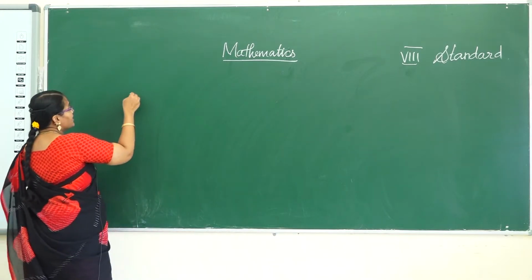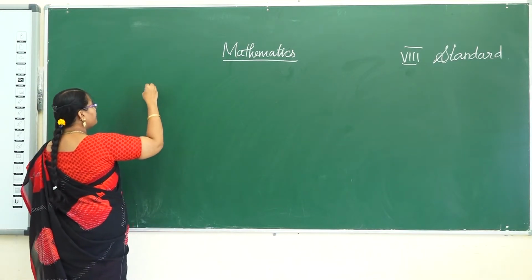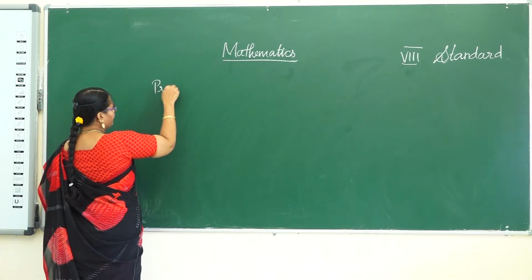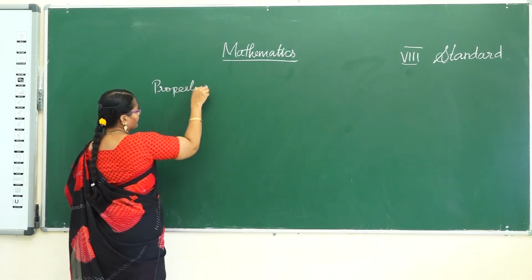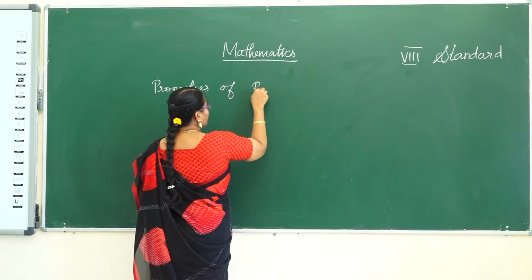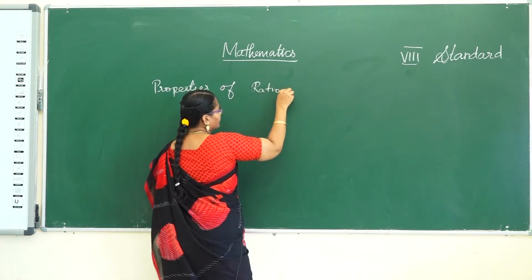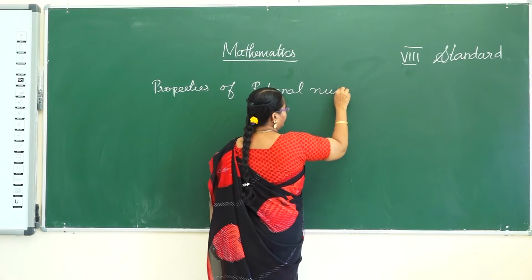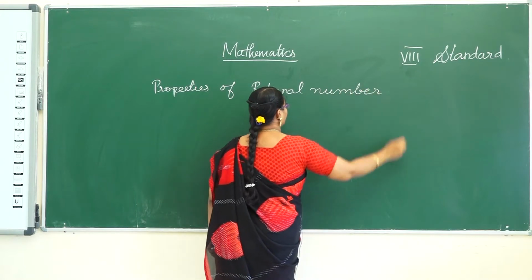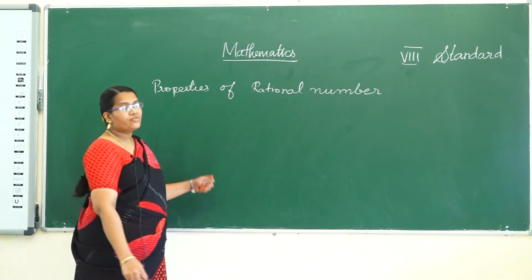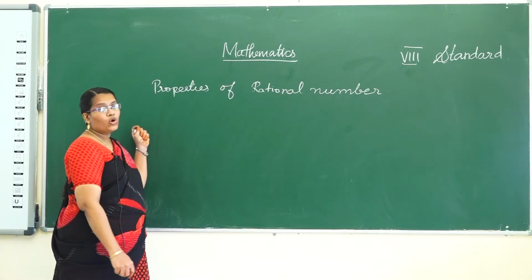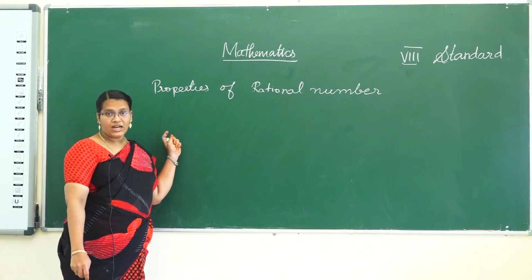In the last class we learned about the properties of rational numbers for the basic operations: addition, subtraction, multiplication and division.